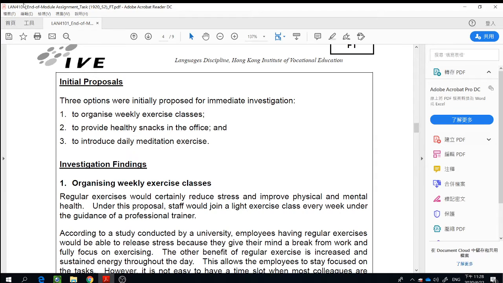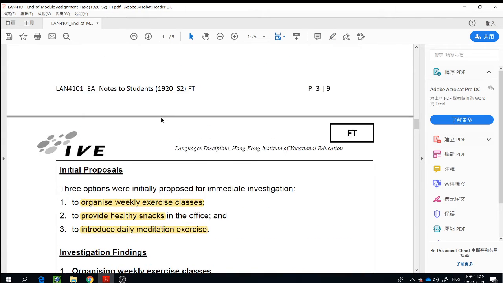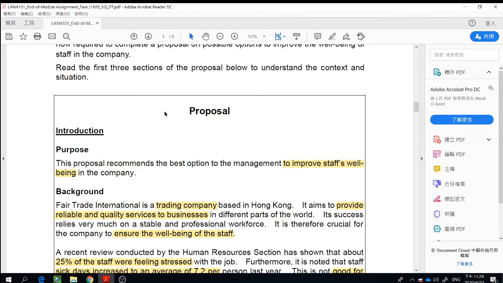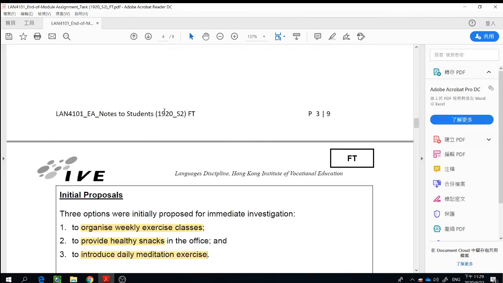So again, you're given three options. The first one is to organize weekly exercise classes. Point number two, to provide healthy snacks in the office. And point number three, to introduce daily meditation exercise. All right. For any words that you don't understand, you should look them up in the dictionary properly.